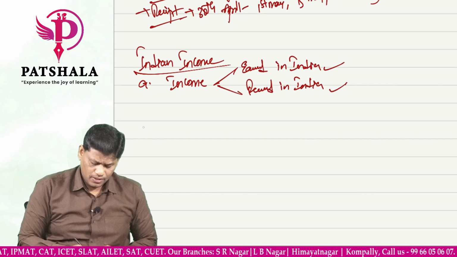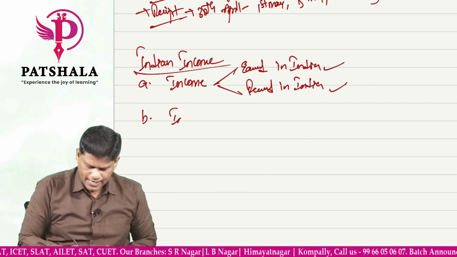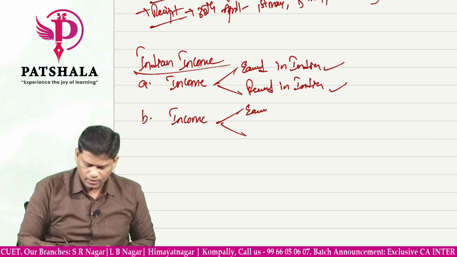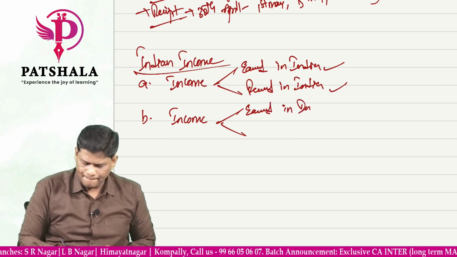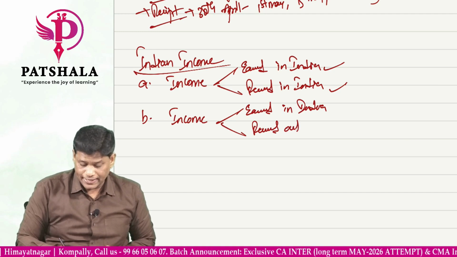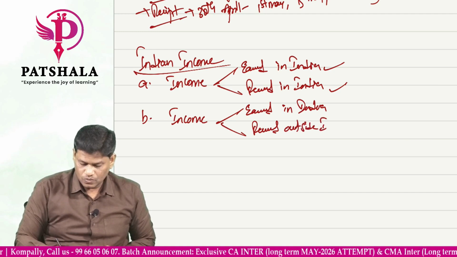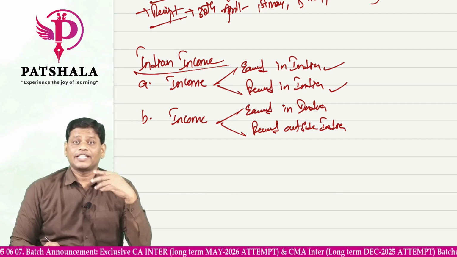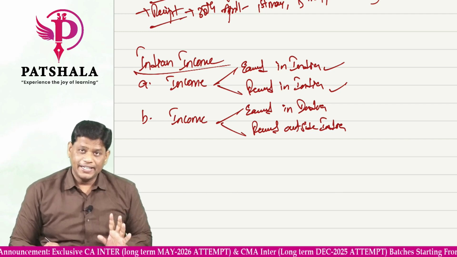Okay. Two, income earned in India and received outside India. Earning has been in India, but received where? Received outside India. Still it is an Indian income.